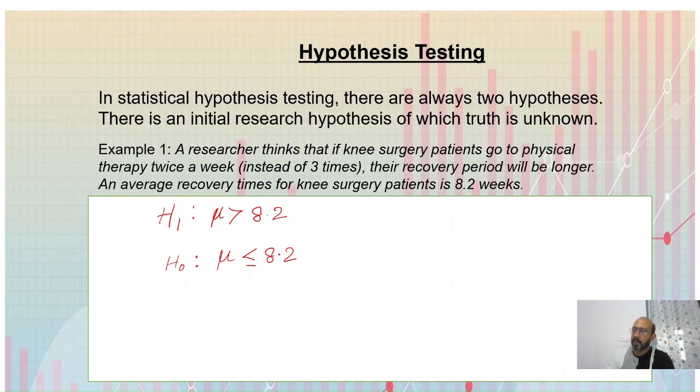The hypothesis proposed by the researcher is called the research hypothesis and given the symbol H1. The hypothesis to be tested is called the null hypothesis and given the symbol H0.